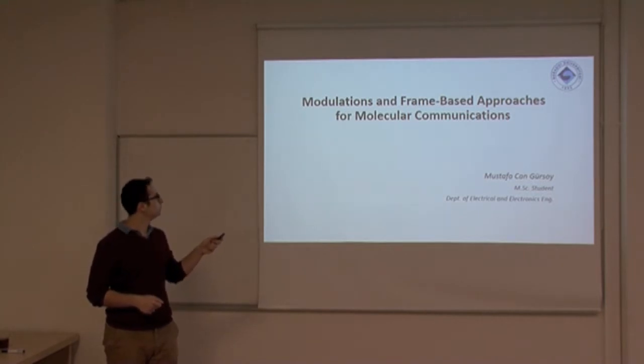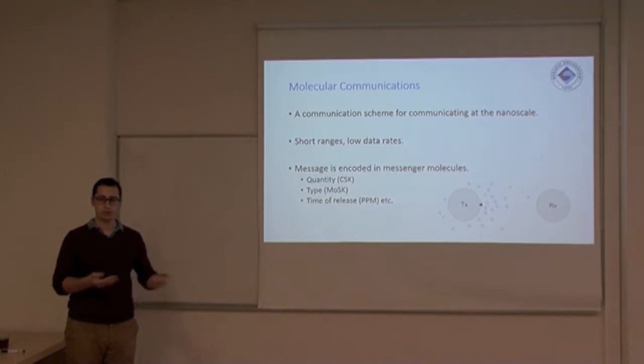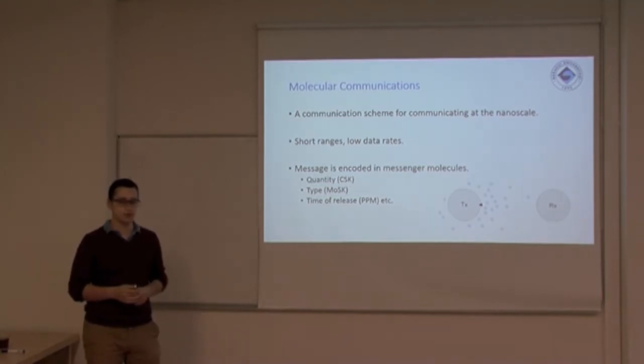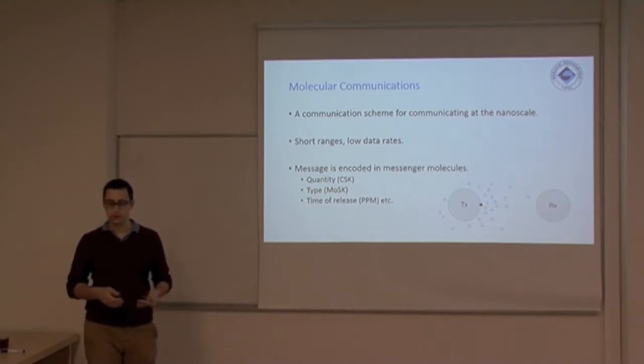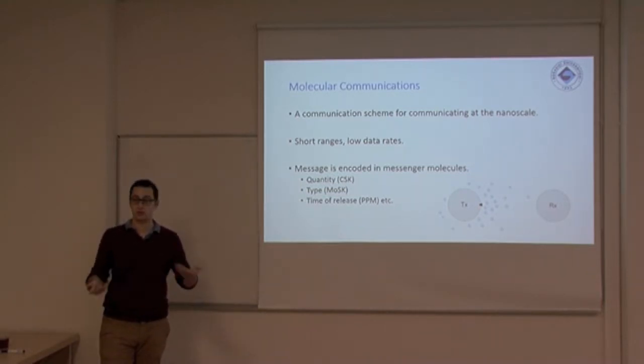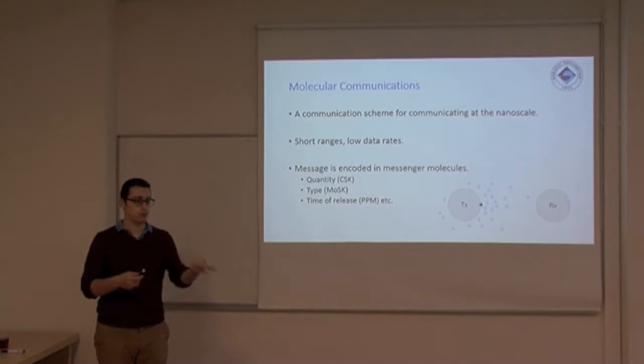So here we go. Molecular communications, as you have probably discussed many times by now, is a communication scheme for communicating at the nanoscale. We have many different versions of molecular communication, maybe calcium signaling, or molecular motors.